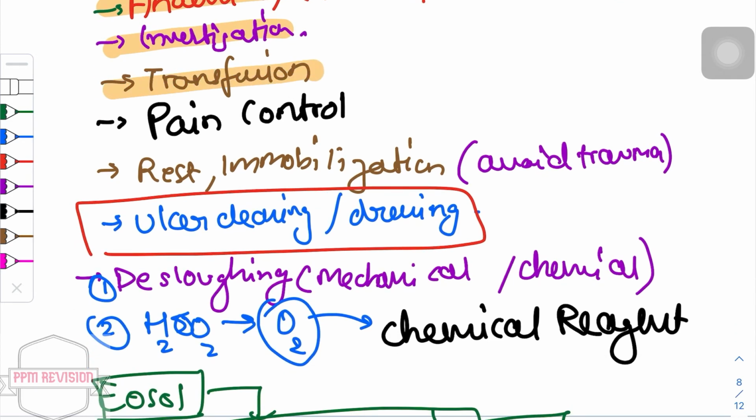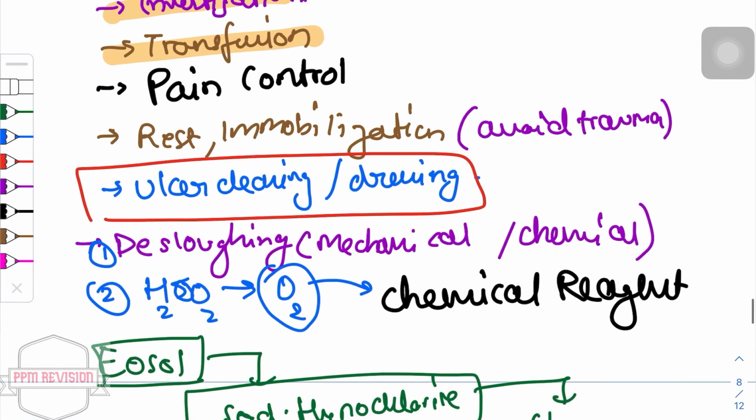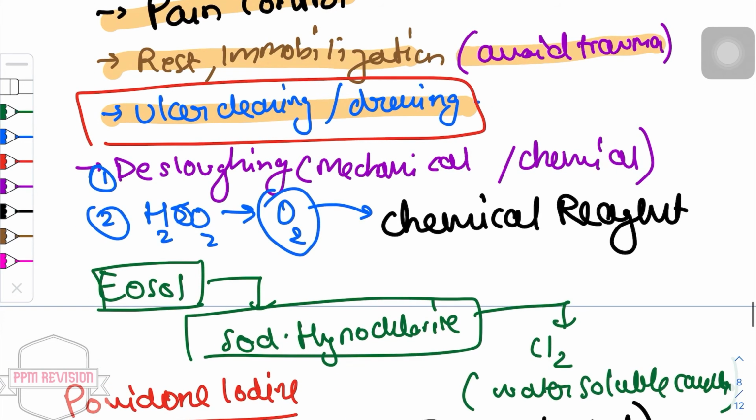Transfusion of blood can be given in severe cases. Pain control should be done, as well as rest and immobilization, so that further trauma is avoided. Then ulcer cleaning and removing of the pus, that is draining, should be done, and also desloughing, which can be mechanical or chemical.